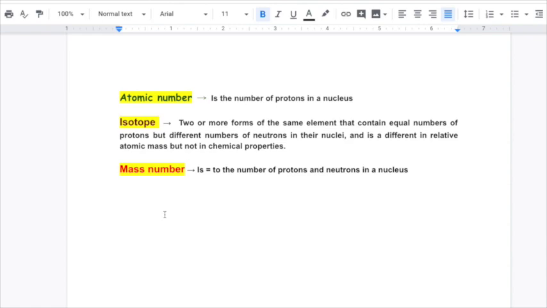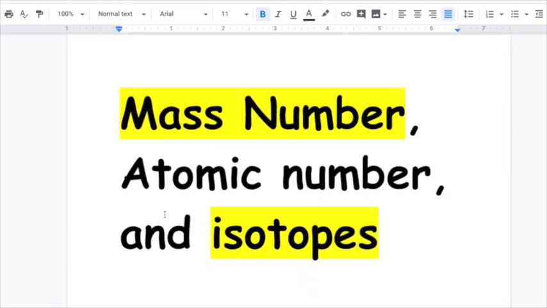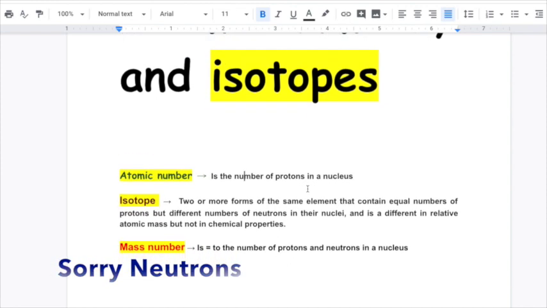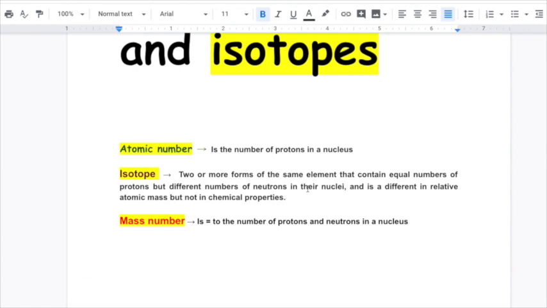So a short summary: it has to have 2 or more forms of the same element, with equal protons but different numbers of neutrons in their nuclei.